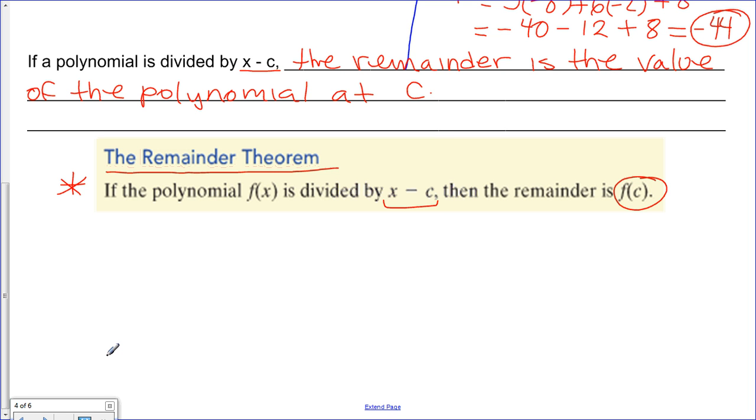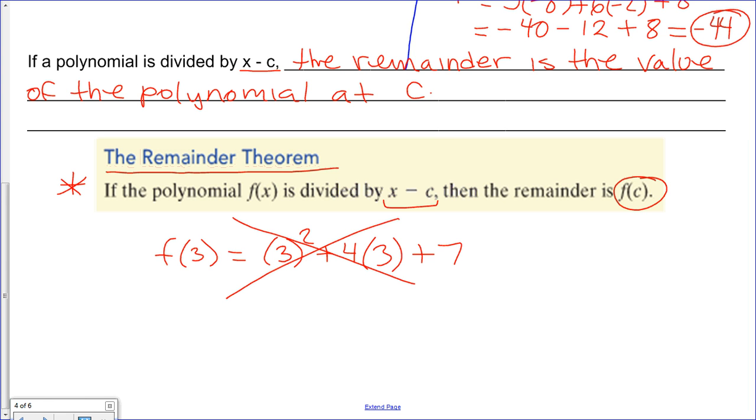For your exam, if I ask you, use the remainder theorem to find f of 3, and you do something like f of 3 is equal to, I don't know, 3 squared plus 4 times 3 plus 7, random example, I'm going to count that wrong because that is not using the remainder theorem.